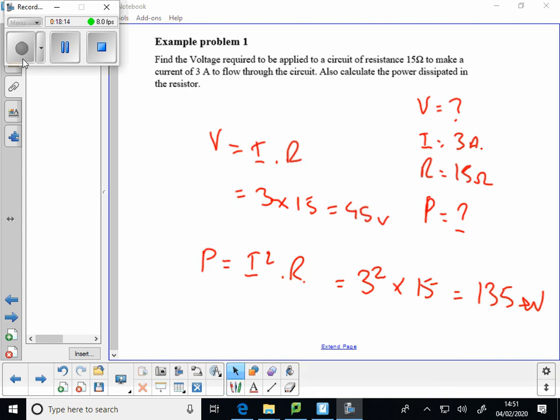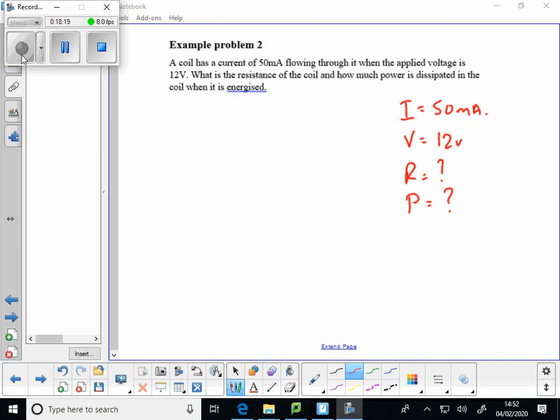Have a go at the second question while I have another go at this one.